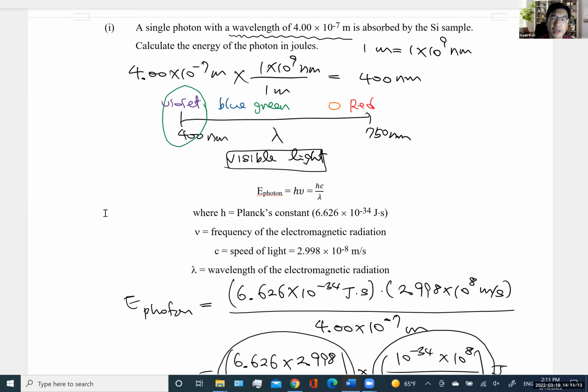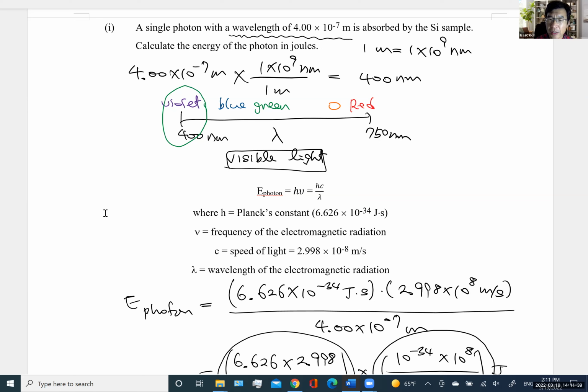We need to be familiar with the wavelength of visible light. It is in between 400 nanometers to 750 nanometers approximately. That's the window for visible wavelength, visible light. The smallest wavelengths are violet, blue, green, and the longest wavelengths start from red and orange, yellow.